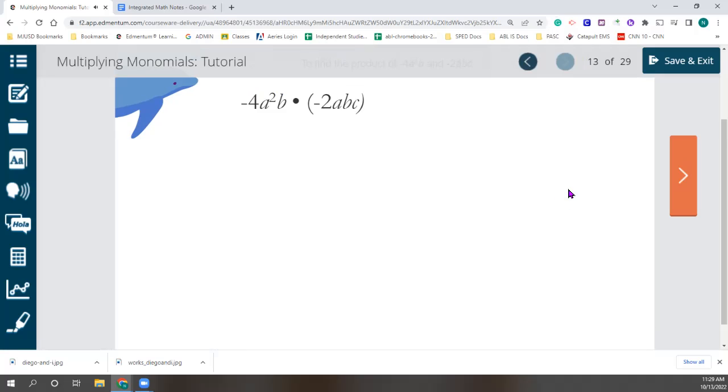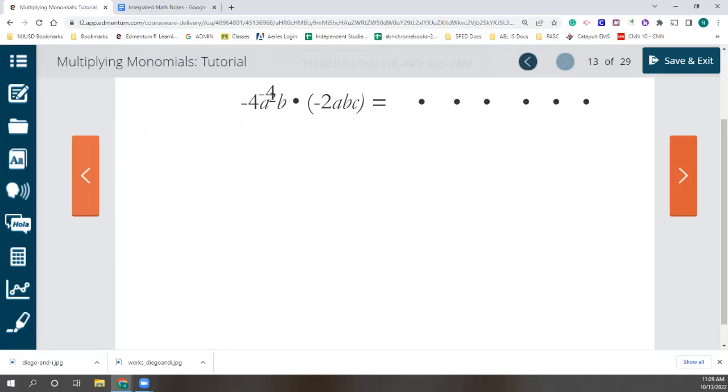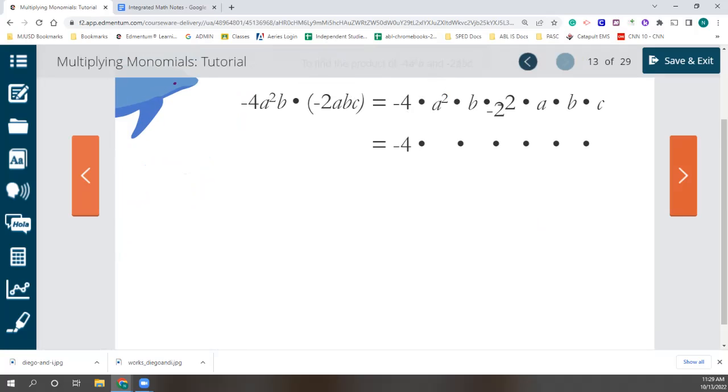To find the product of negative 4a squared b and negative 2abc, distribute, combine, combine.